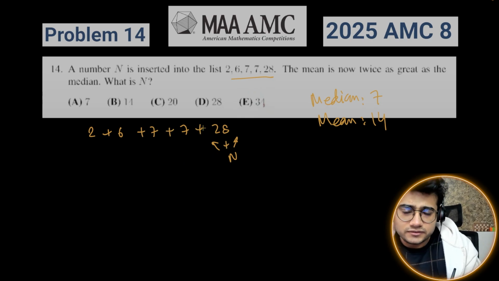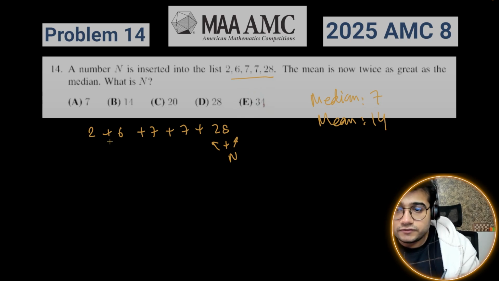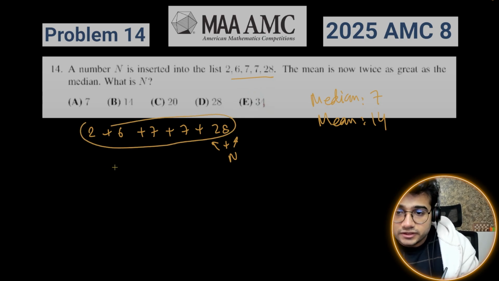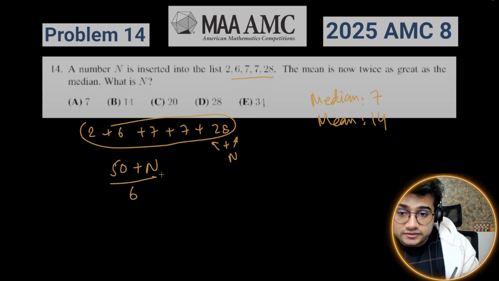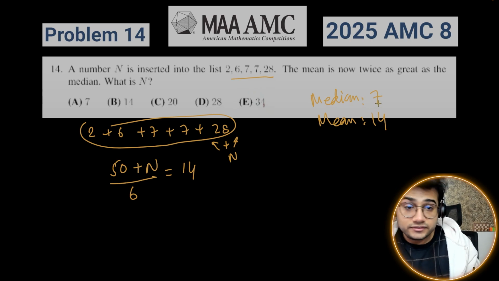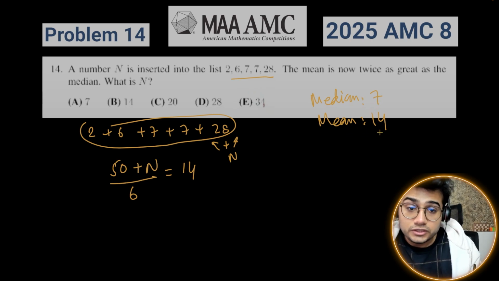So what would that give us? 28 plus 7 is 35, plus 7 is 42, 42 plus 6 is 48, plus 2 is 50. So the sum of these numbers is 50. So 50 plus n divided by 6 should give us 14, right? Because the median is going to be 7, 100%. So mean should be 14.